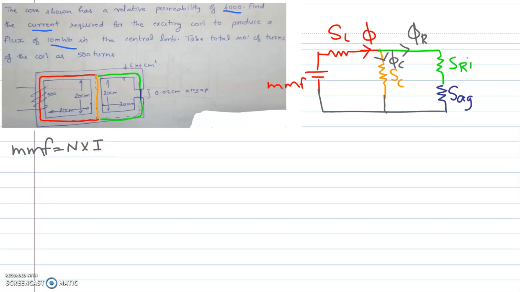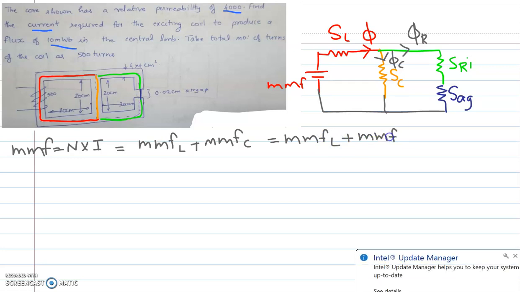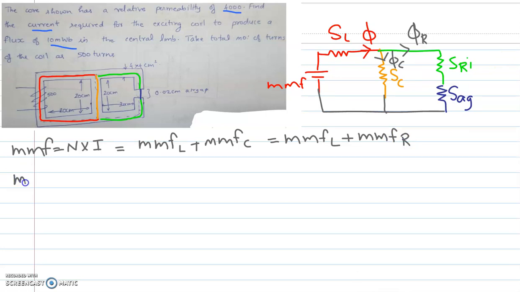So MMF total will be equal to MMF of the left limb plus MMF of the central limb. This is also equivalent to MMF of the left limb plus MMF of the right limb.